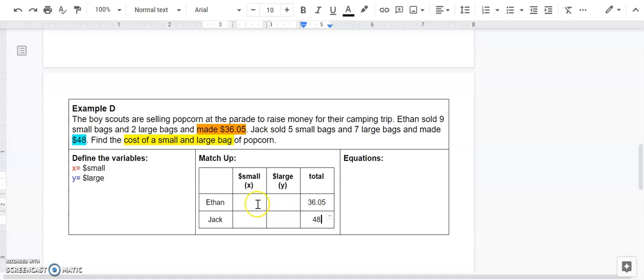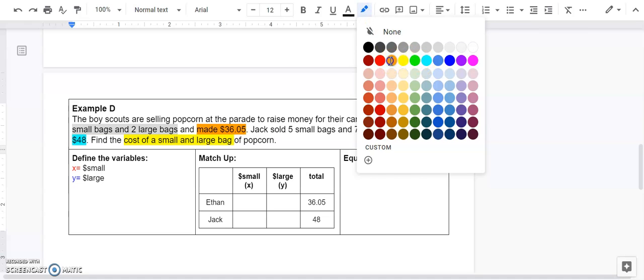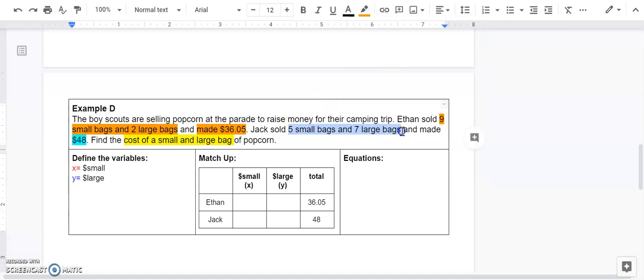Now, what did they sell to get there? Okay, so Ethan sold 9 small and 2 large, while Jack sold 5 small and 7 large. And you put that into your table. Once you have it in your table, boom, go row by row, and you have your 2 equations.